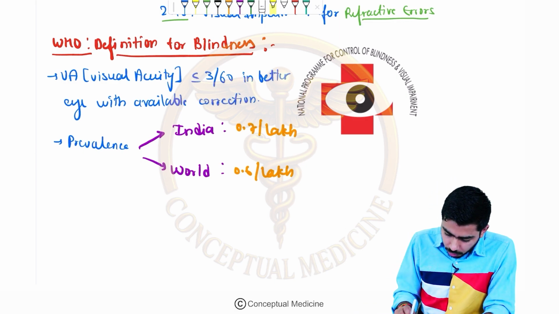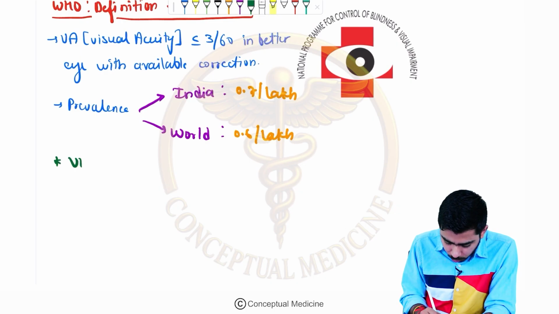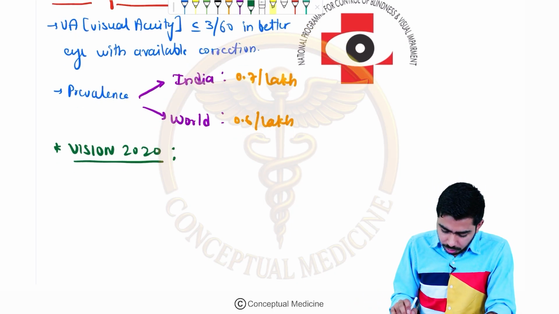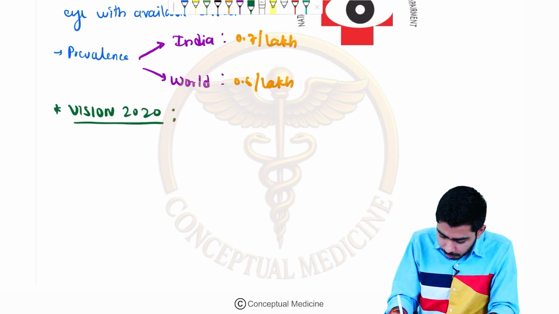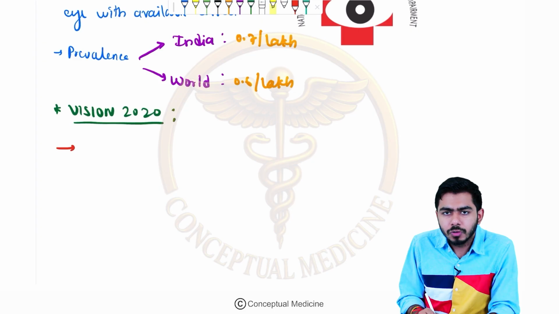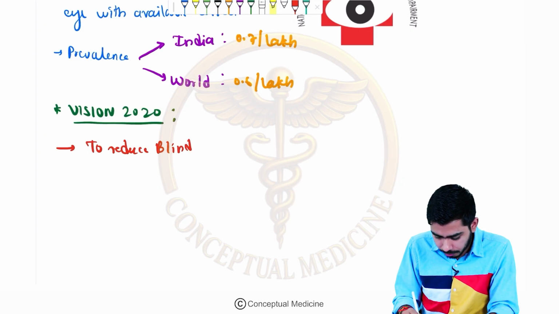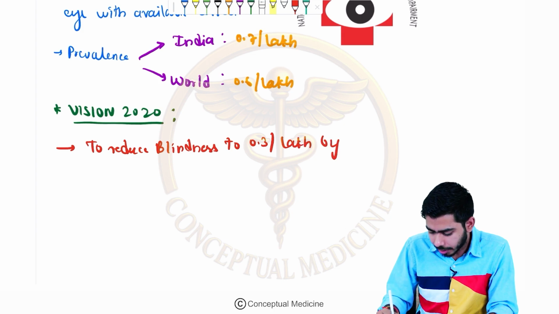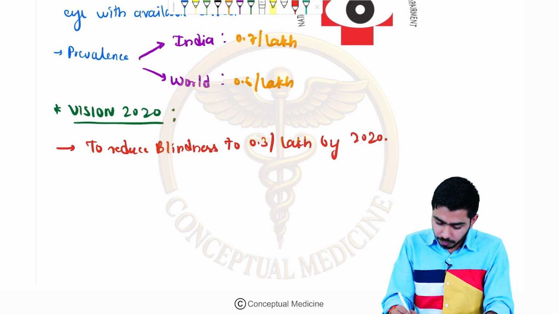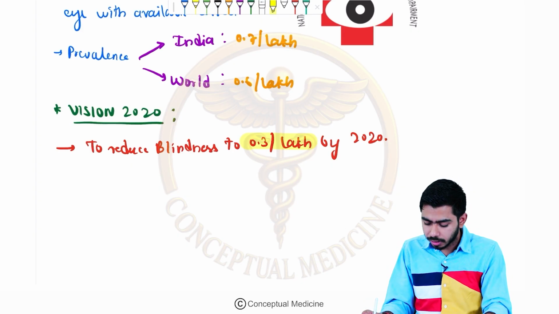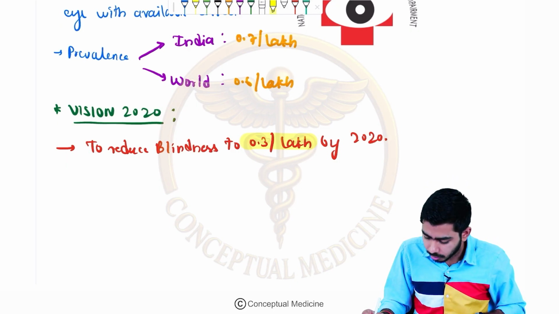Okay, now we shall be talking about Vision 2020, right? Vision 2020 had some targets, some of which they have achieved, some of which they couldn't. So from Vision 2020, what we need to remember is that the vision was to reduce the blindness to 0.3 per lakh by 2020, right?